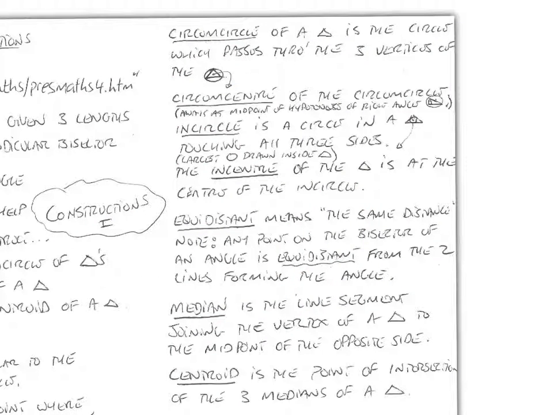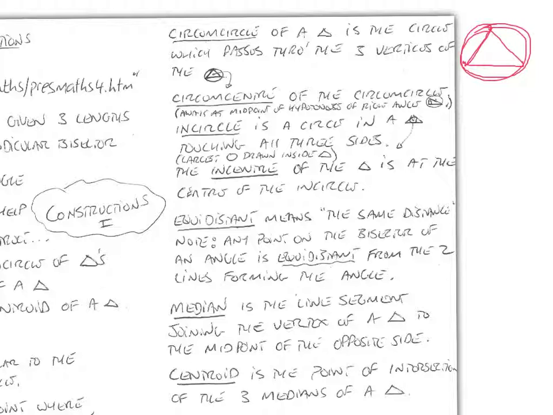So a circumcircle, what is a circumcircle? Well, the circumcircle of a triangle is the circle which passes through the three vertices of the triangle. So for that triangle, that's the circumcircle because it touches all three vertices.